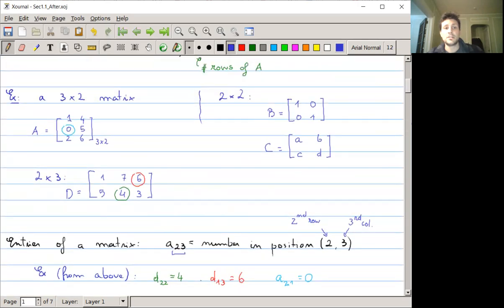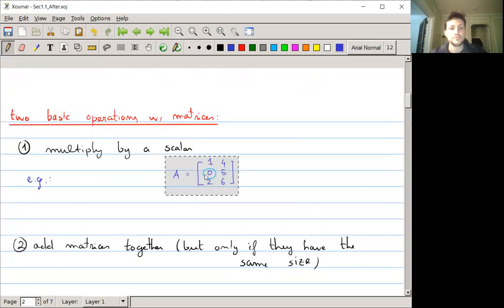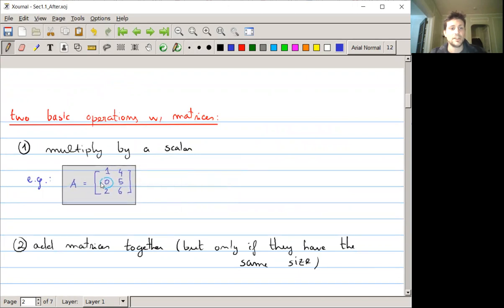And allow me to just keep using this matrix here for the sake of our example. I'll put it here. Maybe I'll erase that. I can multiply it by a number. Whenever I say scalar here, I mean a real number.